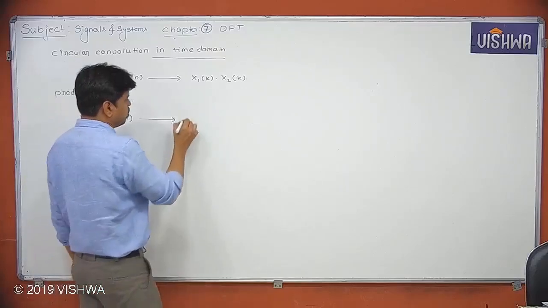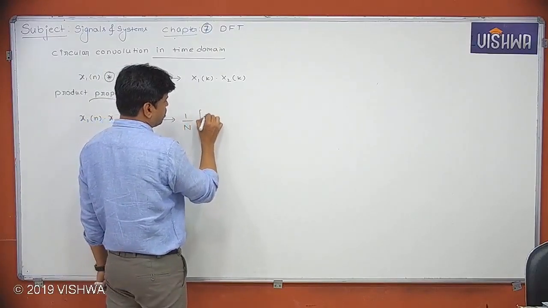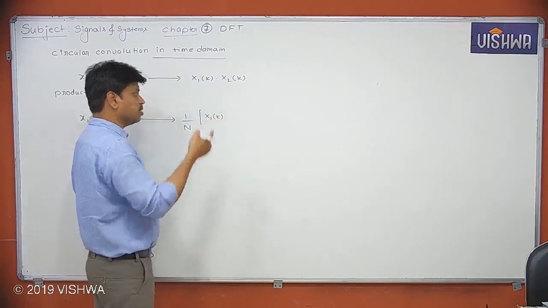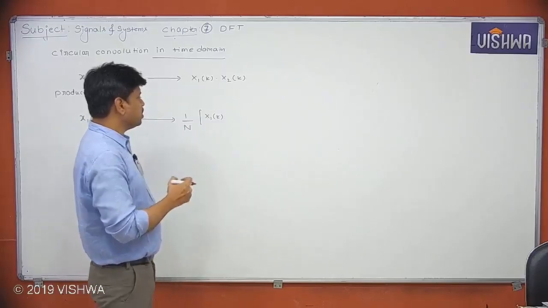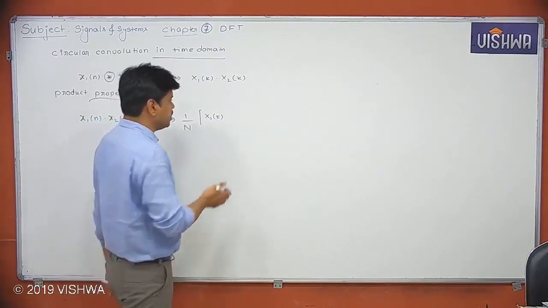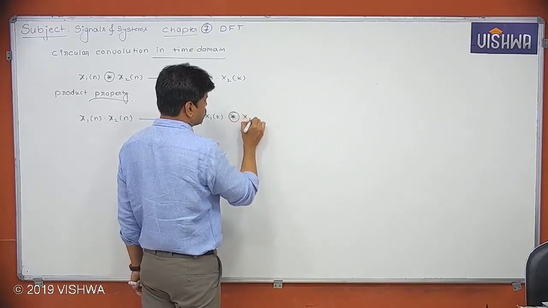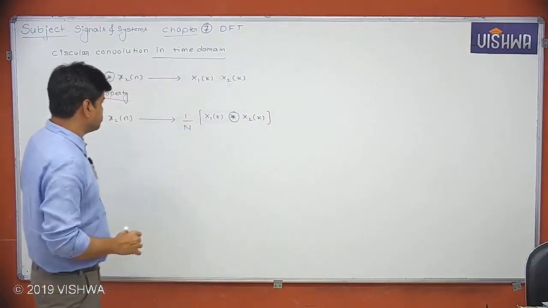This is 1 by N, X1 of k convolution with X2 of k. But this convolution is also circular convolution. Why? Here X1 of k and X2 of k are also periodic. So I can say X1 of k circular convolution with X2 of k. So these are the properties.